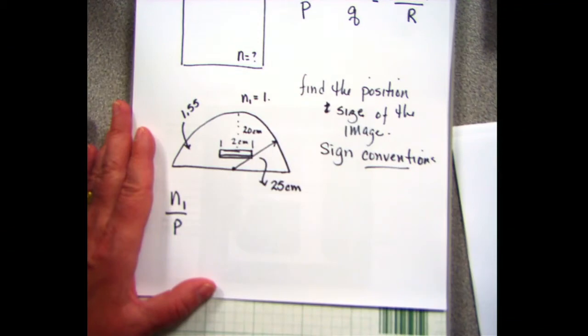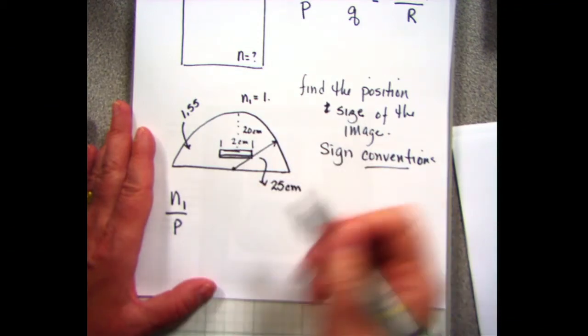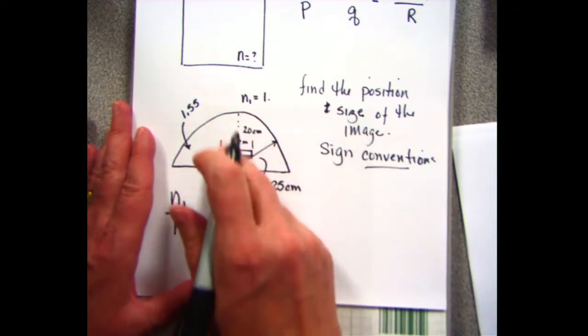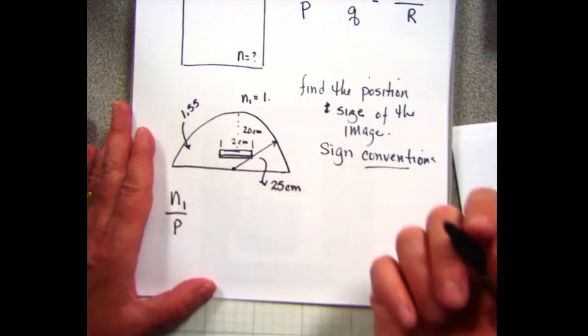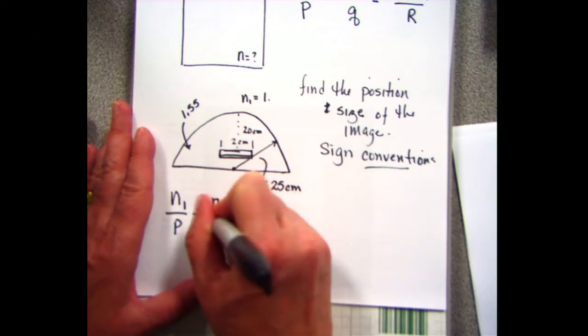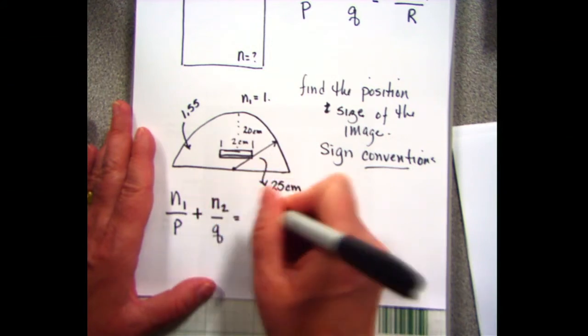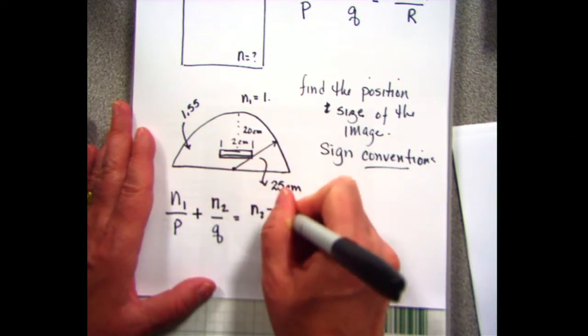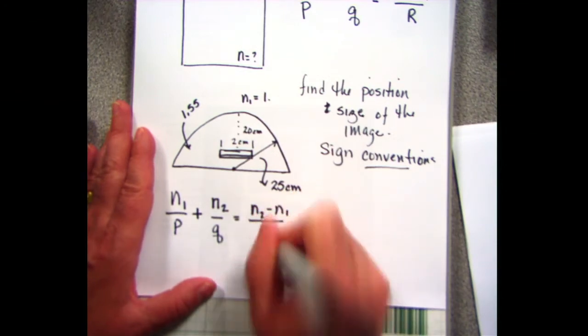If I tell you it's 5 centimeters from the bottom, when we plug it in, you have to know how far away it is from the top. That's kind of a trick that they do to the problems. So make sure we've got that. And then we get N2 minus N1 over my radius of curvature.